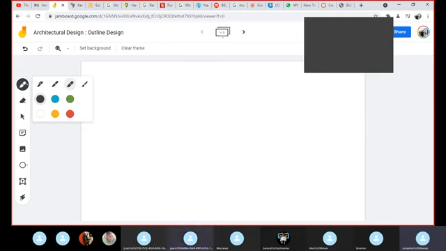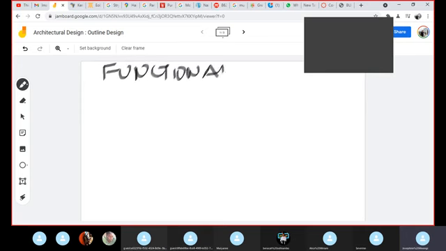You've borrowed from it to get the form. Now we want to see how we can carve out spaces based on the relationship that they share with each other and as a whole. So that's where functional relationships come in.